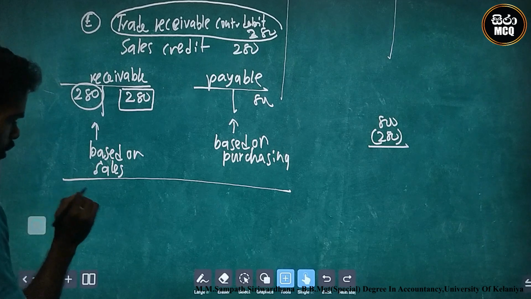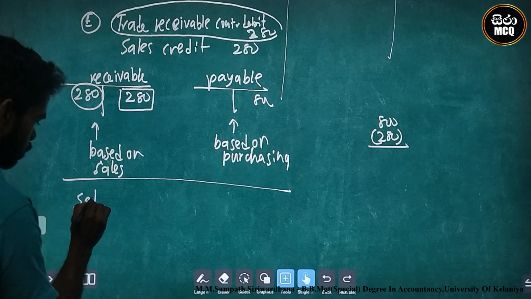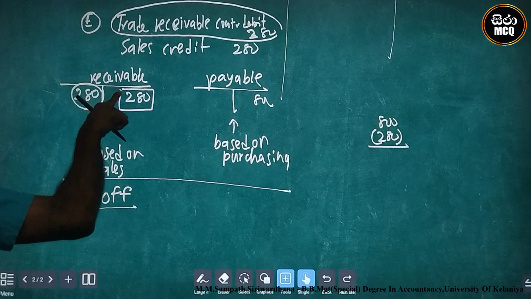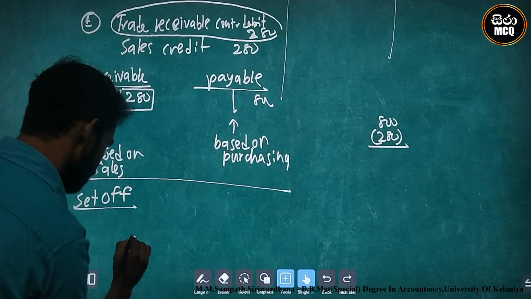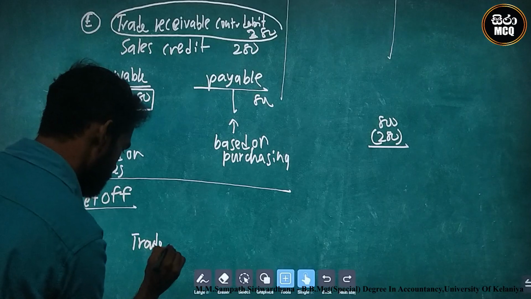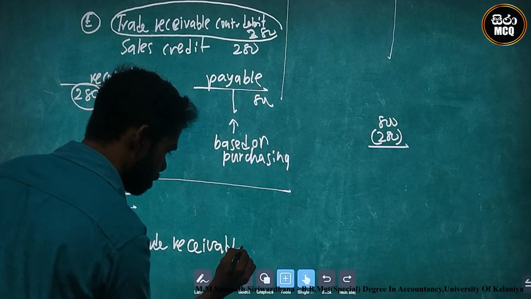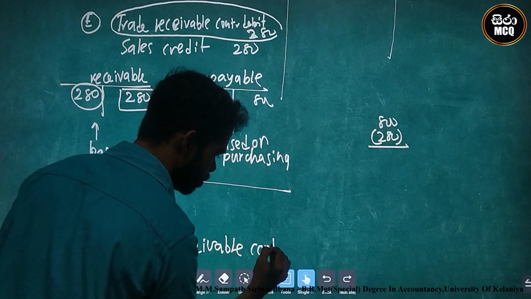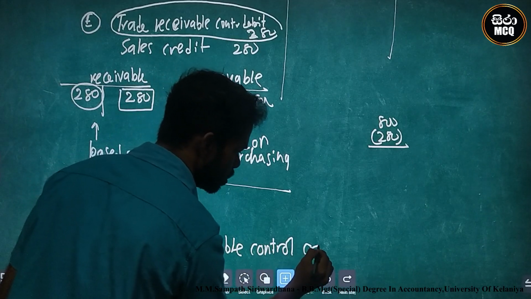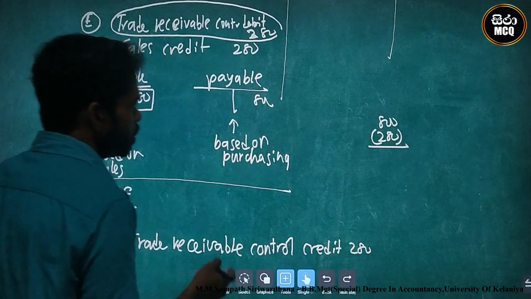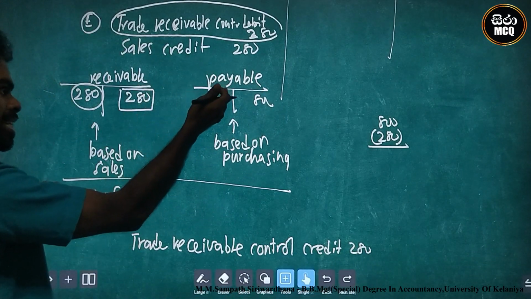Therefore, I write the set off transaction. This is set off: trade receivable control credit. Which amount? 280.